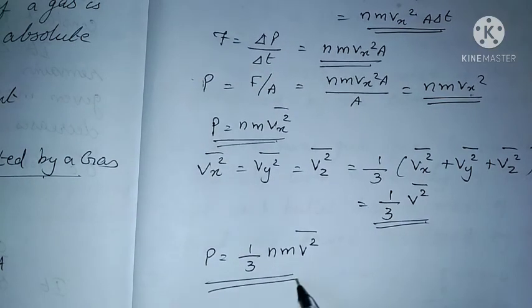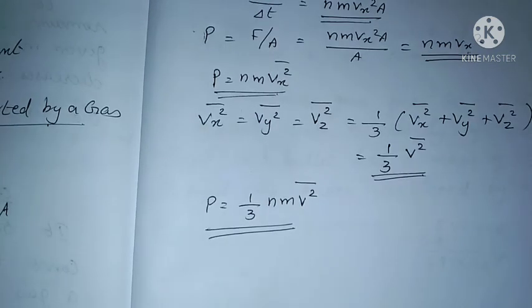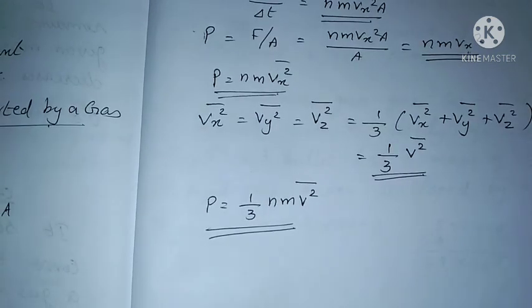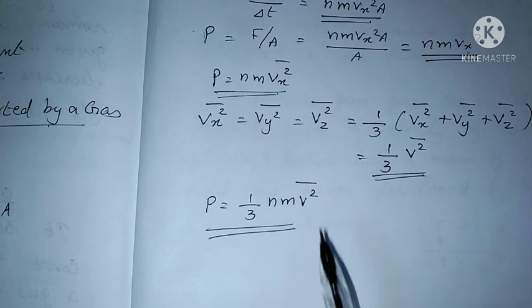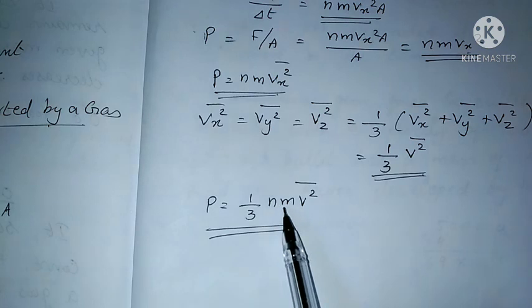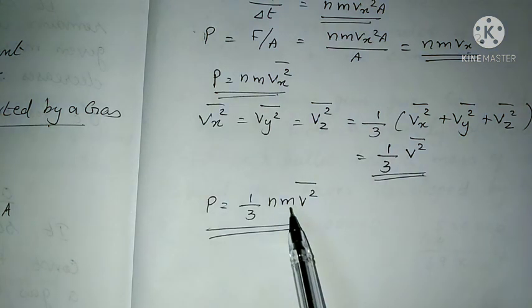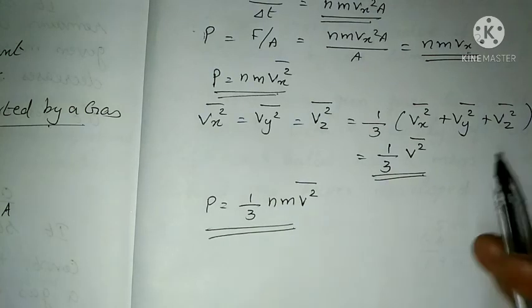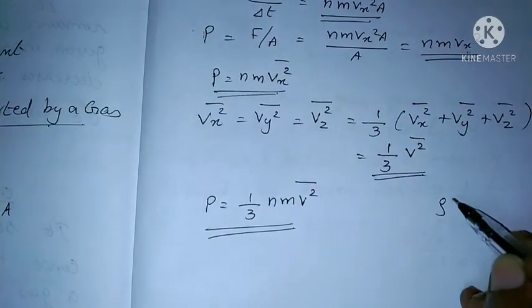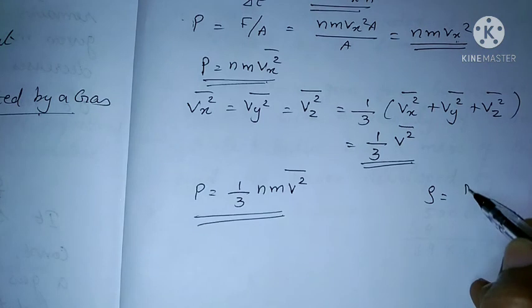This is the pressure exerted by the molecules on a particular area. So, V square bar is the velocity of all the molecules in different directions. Here this N m, that is the total mass of the molecules per unit volume, is equal to the density. We can write rho equal to mass by volume.